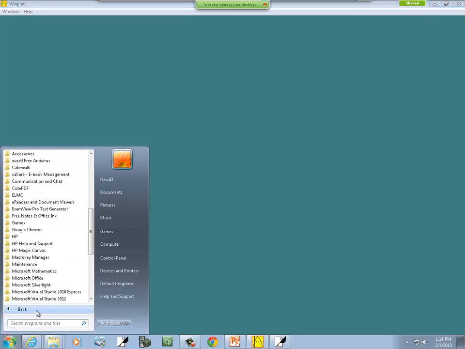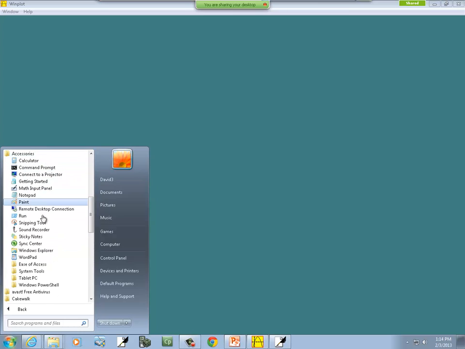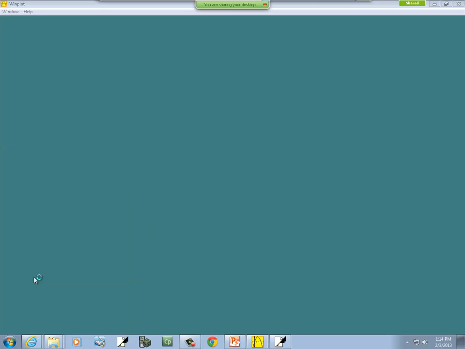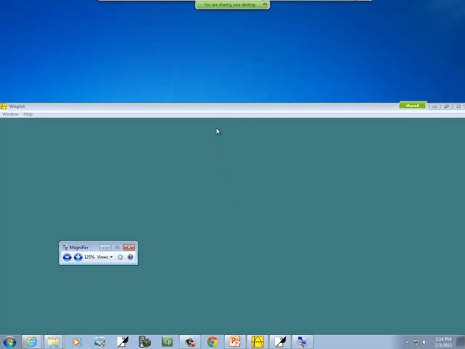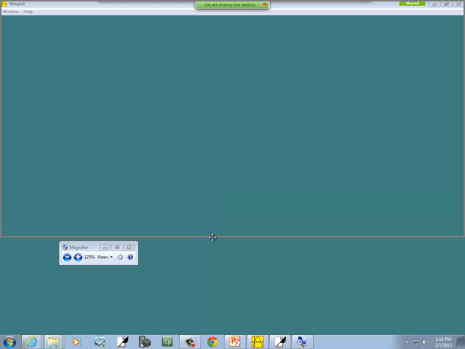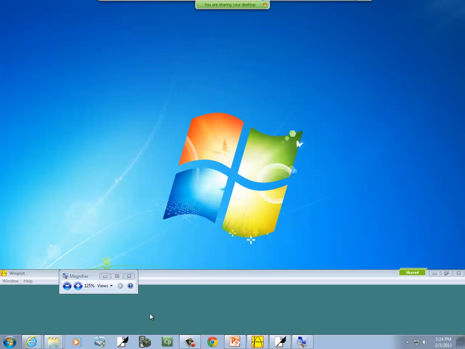But let me bring up my magnifier. Hopefully I'll be able to do this.